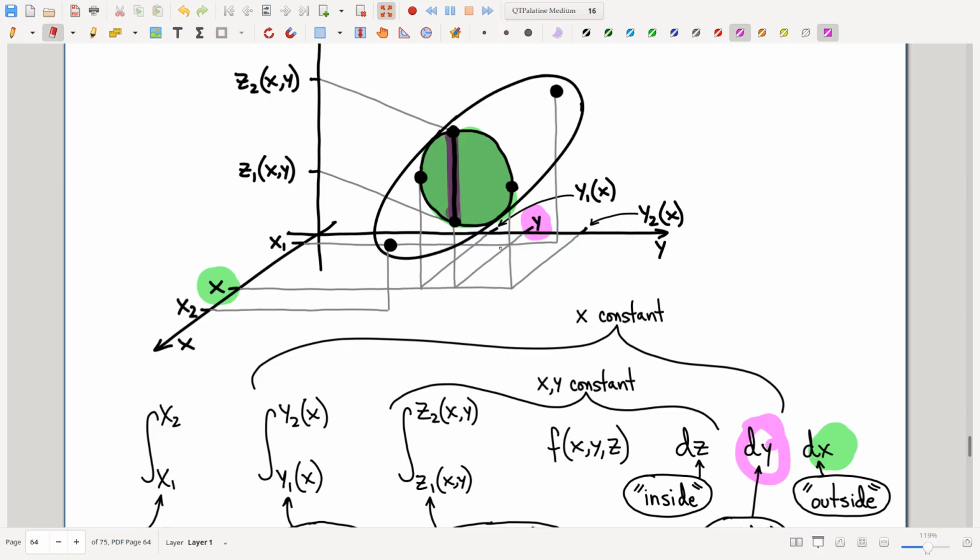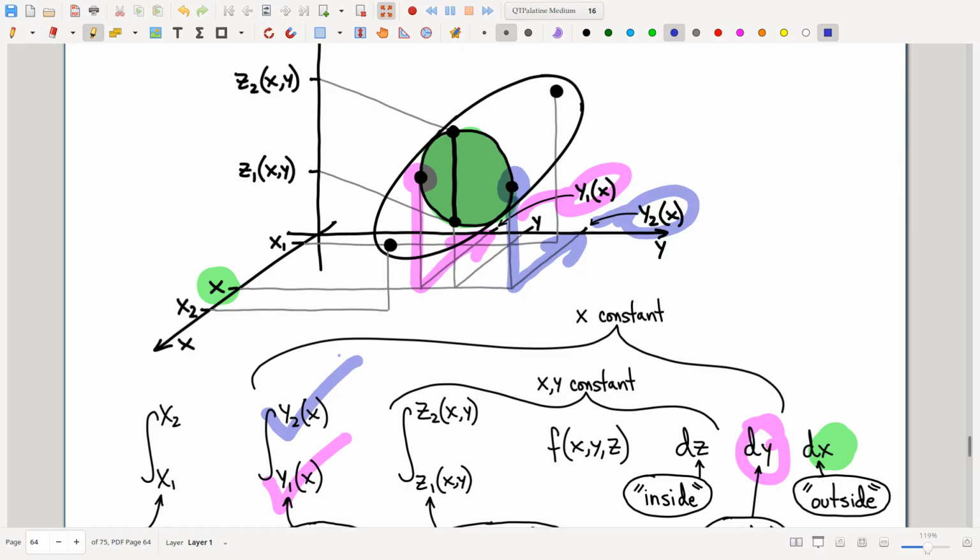The very first y slice will give you your lower bound for y, and your very last y slice will give you your upper bound for y. Same pattern, just one higher dimension.